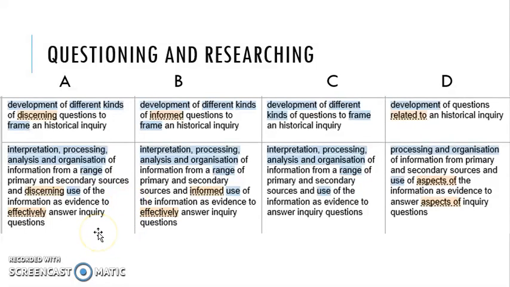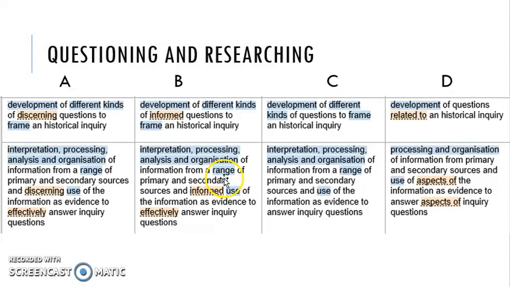The second dot point that your teacher is looking at for this criteria is an interpretation, processing, analysis, and organisation of information from a range of primary and secondary sources, and your use of that information to answer the questions. So what this dot point is looking at is that you firstly have primary and secondary sources throughout your research booklet.